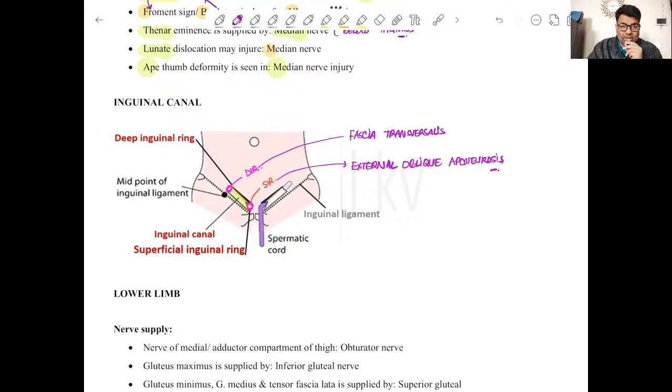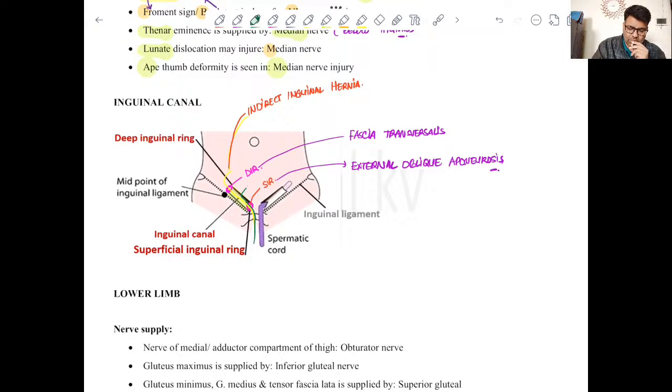Now why do we discuss this entity so much? Because at times there is hernia, like the bowel may enter through the deep inguinal ring and it may come out through the superficial inguinal ring. So this is the indirect variety, indirect inguinal hernia. Sometimes the bowel may enter through the Hesselbach triangle, enter the inguinal canal and come out through the superficial inguinal ring.